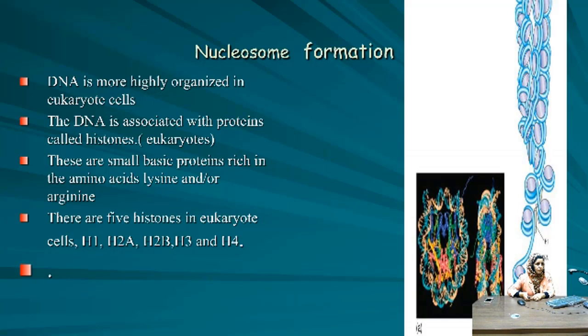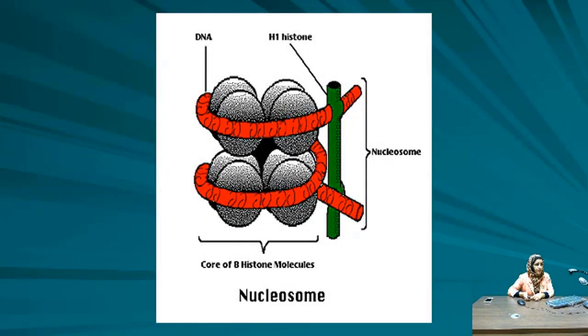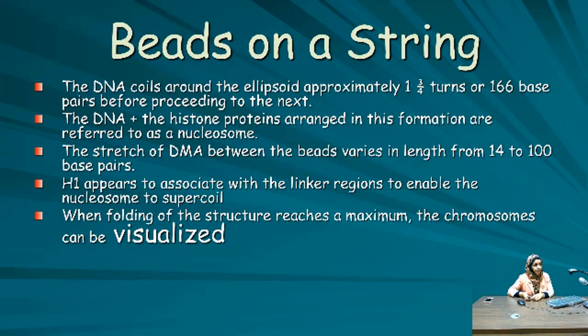There are 5 histones in eukaryotic cells: H1, H2A, H2B, H3, and H4. This figure shows the nucleosome, which contains the DNA strand and the histones, including H1. This compound is called a nucleosome in eukaryotes.